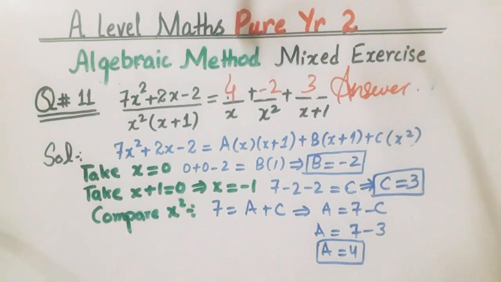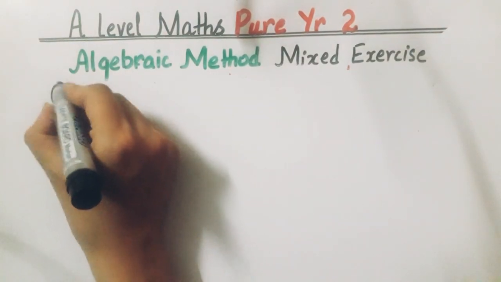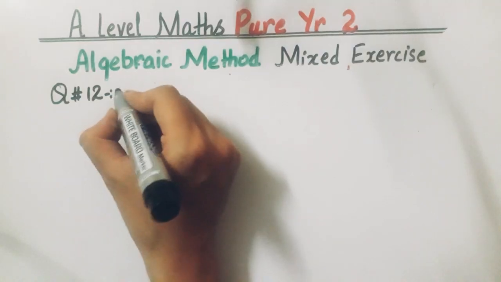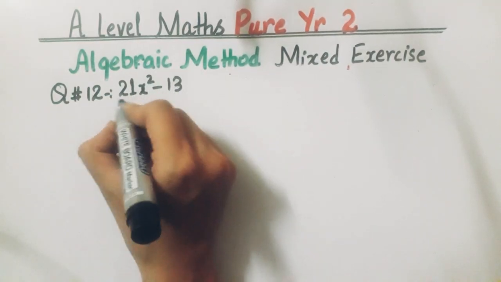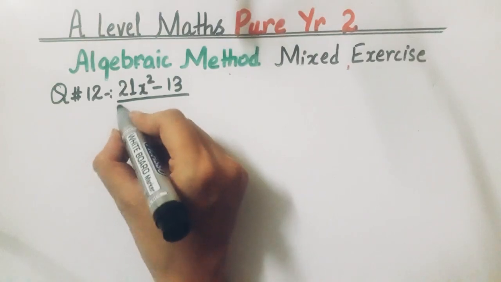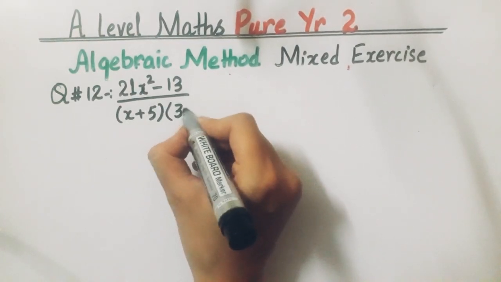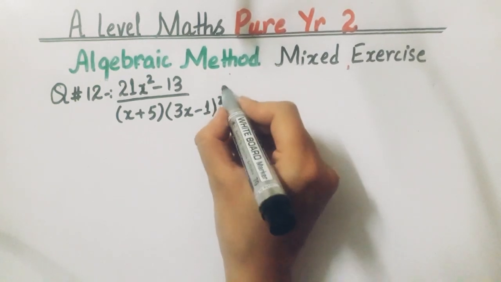Now we will solve question number 12. Question number 12 is again related to the repeated factors. We have (21x square minus 13) divided by (x plus 5) into (3x minus 1) whole square.